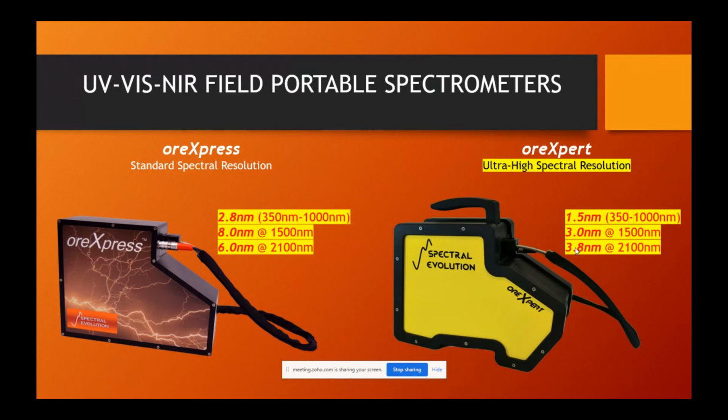So this actually gives you 1.5 nanometers in the UV, 3 nanometers in SWIR 1, and 3.8 nanometers in SWIR 2. Now, the higher resolution with this OR Expert allows for better detail in your mineral spectra, and it actually provides additional absorption features that are not visible with a standard resolution spectrometer, which we will see later on in the presentation.